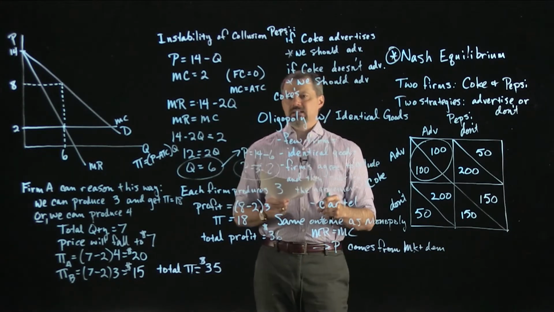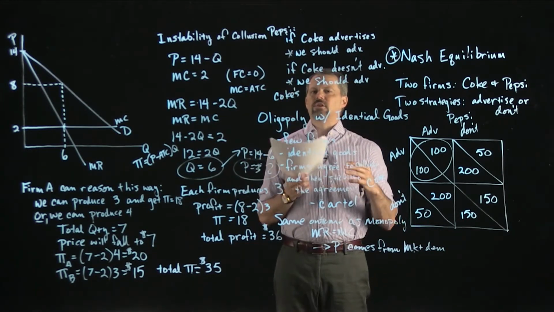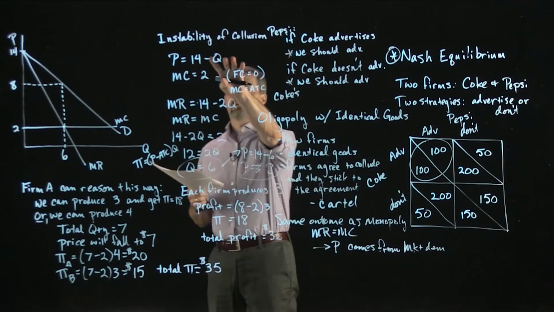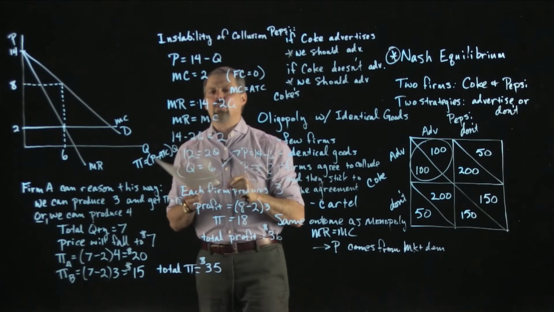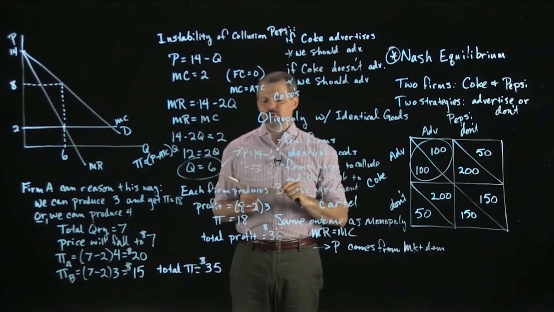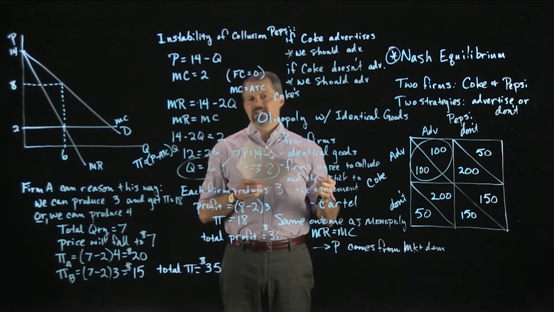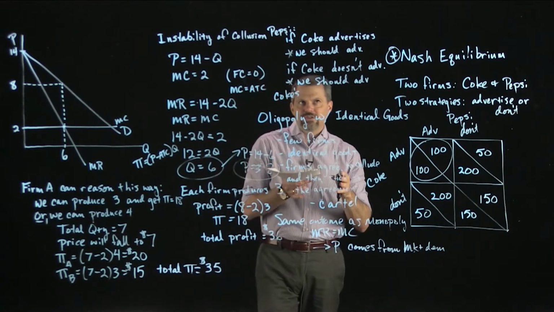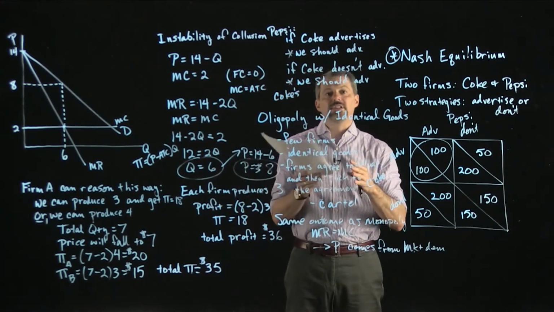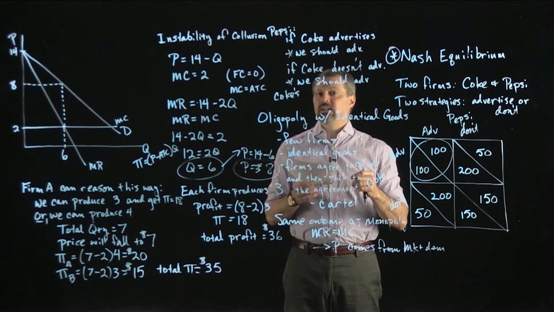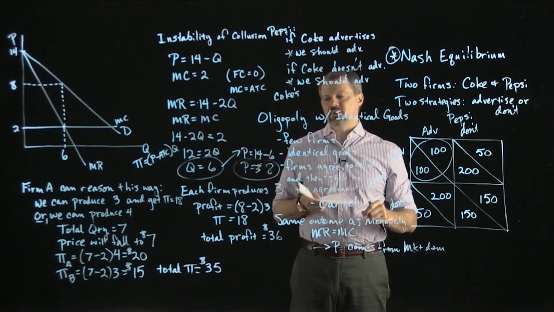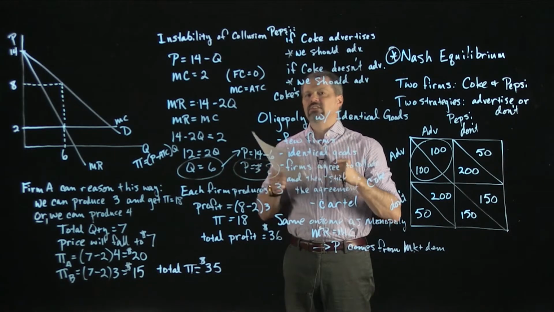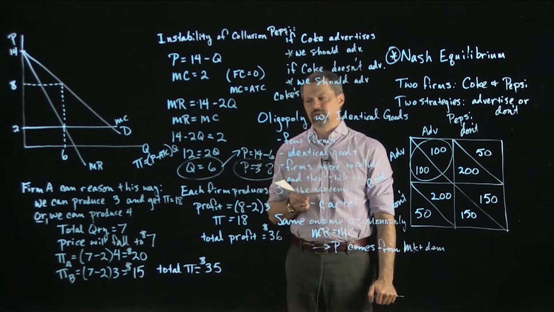It's also the case that increasing the number of firms in the cartel causes the collusive outcome to be even more unstable. So if we were to increase the number of firms to 3, where each firm is producing only 2 units, then if you go through that, and I believe your book does go through an example where they do exactly that, you'll see that there's an even stronger incentive to break the agreement.